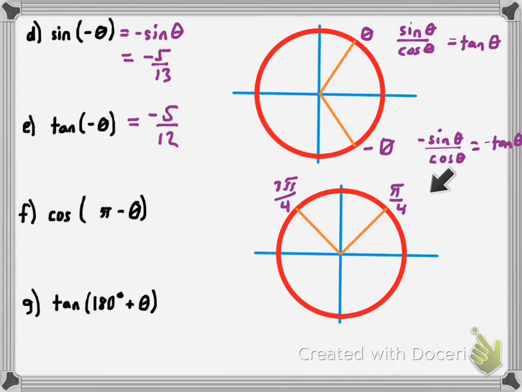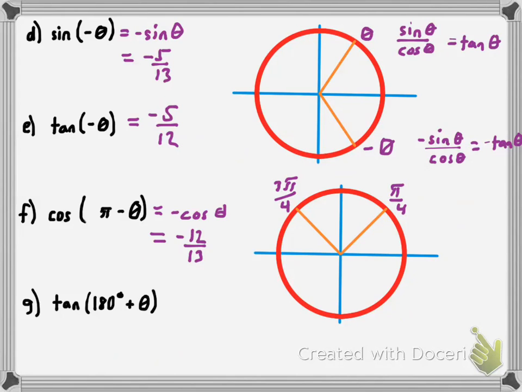Suppose theta was pi/4, then 4pi/4 minus pi/4 would give you 3pi/4, right? Supplementary angles are always reflections of one another in the y-axis, so they have opposite cosine values. So the cosine of pi minus theta would be the opposite of the cosine of theta, which then would be equal to negative 12/13.